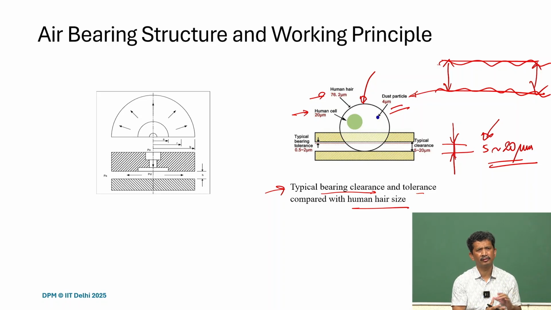Of course, there is the effect of the supply pressure, the air quality, and the amount of dust. Any kind of oil is also not good because it will clog the surfaces. Those are the requirements.